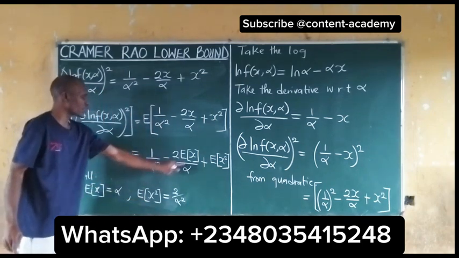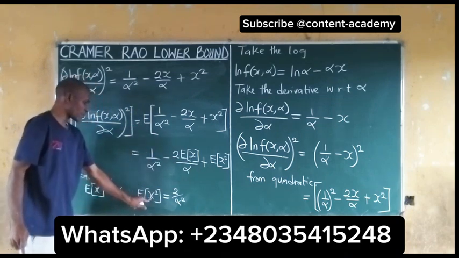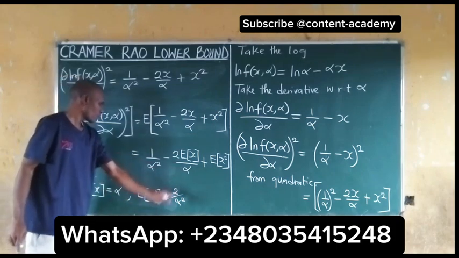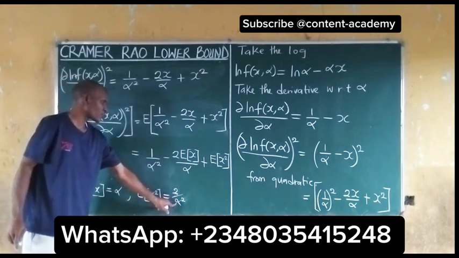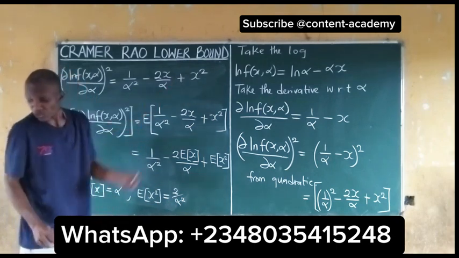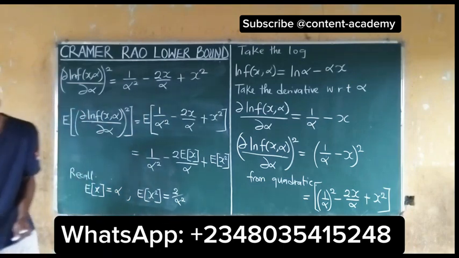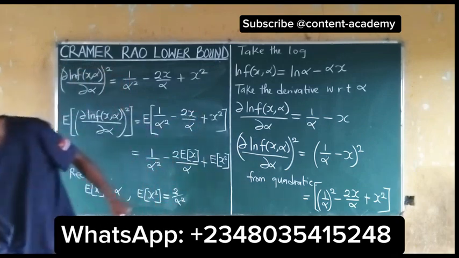So wherever we see our expected value of x, we put alpha. Wherever we see our expected value of x squared, we put 2 all over alpha squared. So this is what we get. So we move over to this other side of the board.